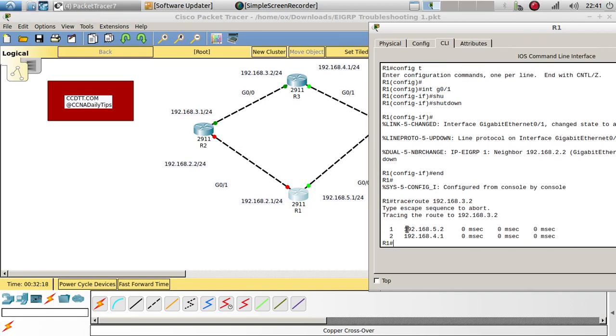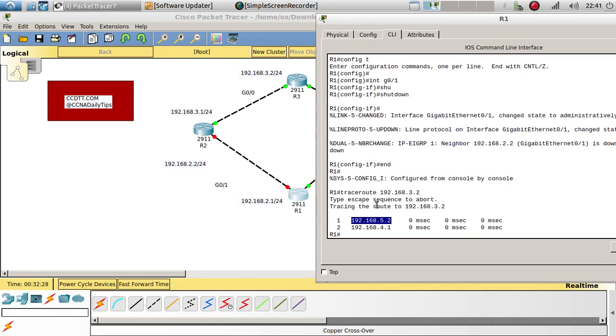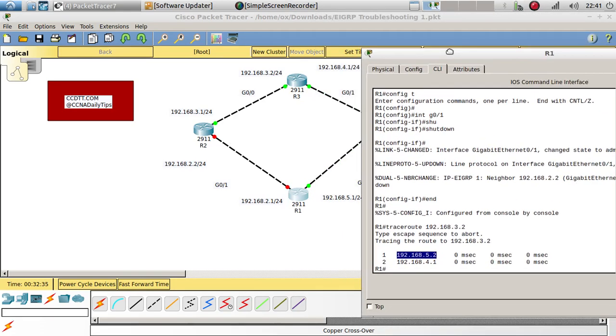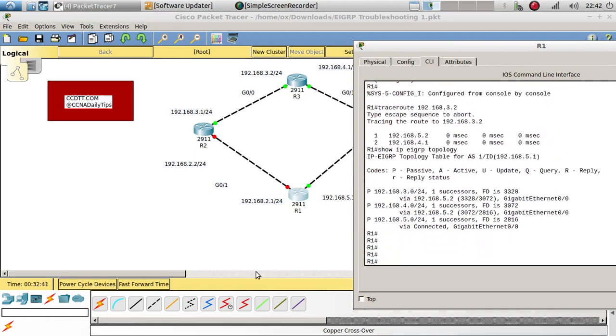And as you can see, we are still able to reach router 3, but we are using router 4, right? As you can see right here, now we are using router 4 because this interface is shut down. So we are using the feasible successor, which is router 4, and you can do a show IP EIGRP topology to verify that.